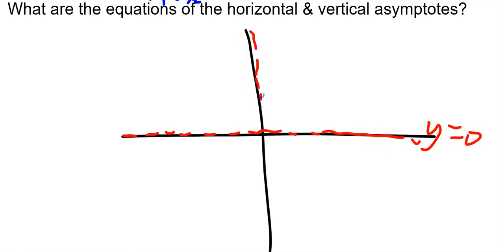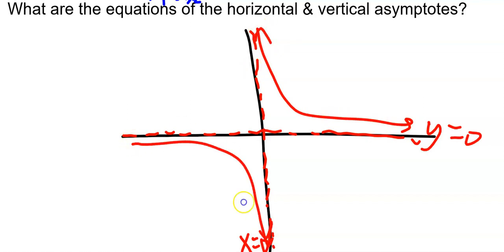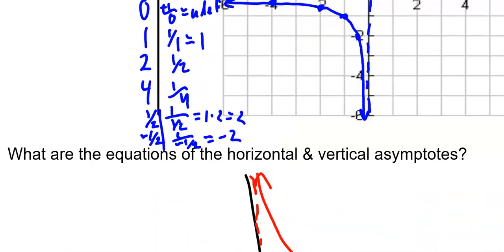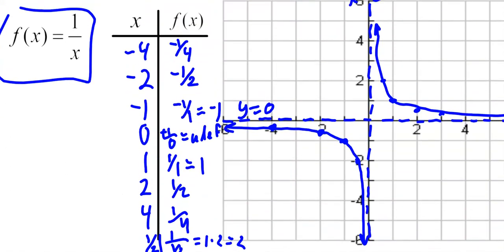You have to have an asymptote also at x equals 0. And the basic behavior of the graph, it looks kind of like this in the first quadrant and like this in the third quadrant. And that would be a good sketch of the graph. If I just ask you to sketch it, that's what I would expect for full credit. I'm not expecting you to graph every single point like we have here.